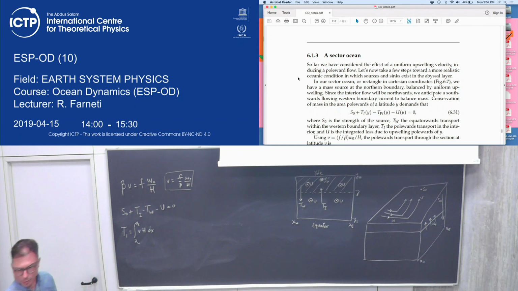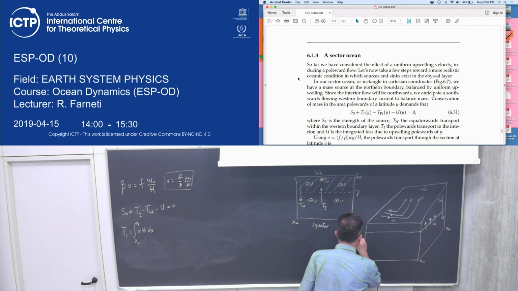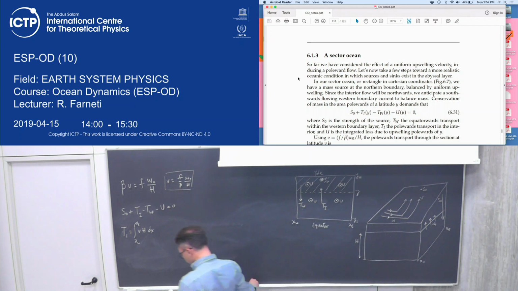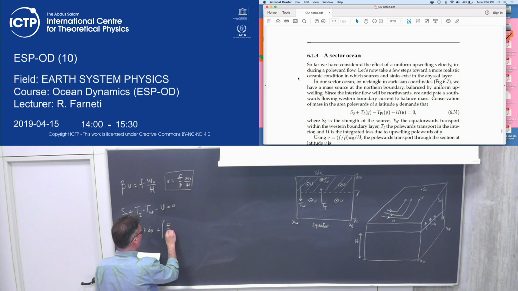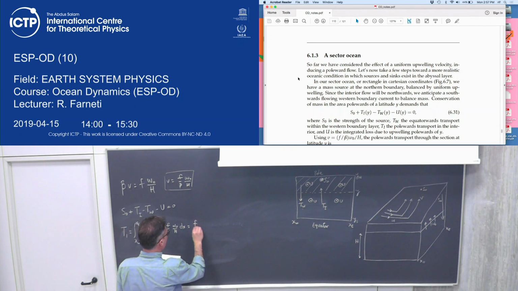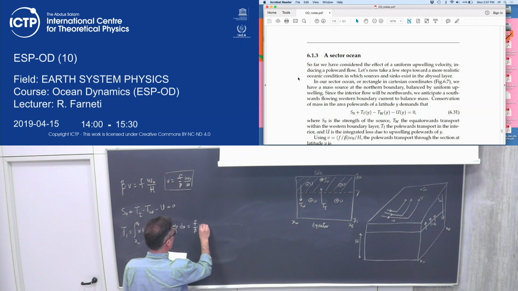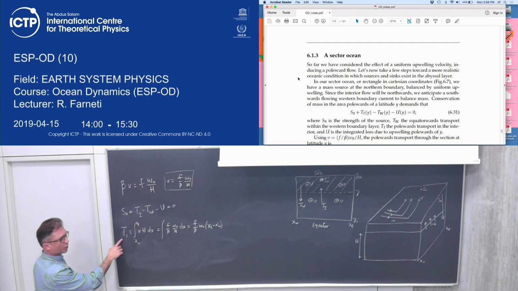So the total transport is the meridional velocity times the height, H. And so this is f over beta, W naught over H, dx. And so this is f over beta, W naught, X east minus X west. Okay, so this is the expression for my interior transport.